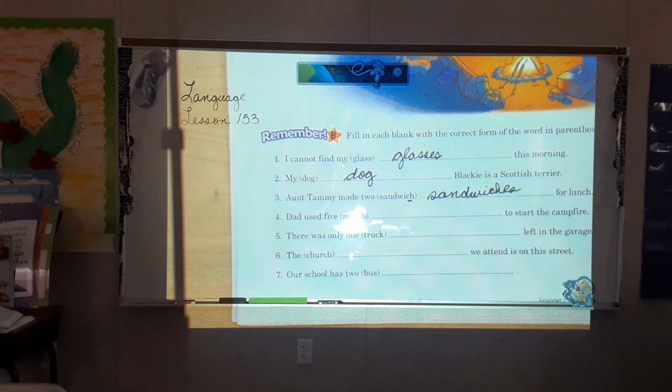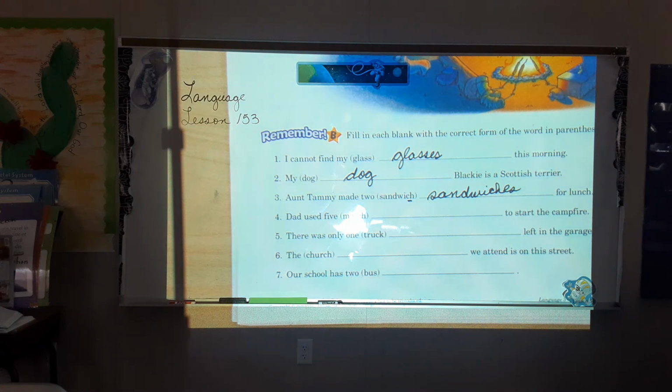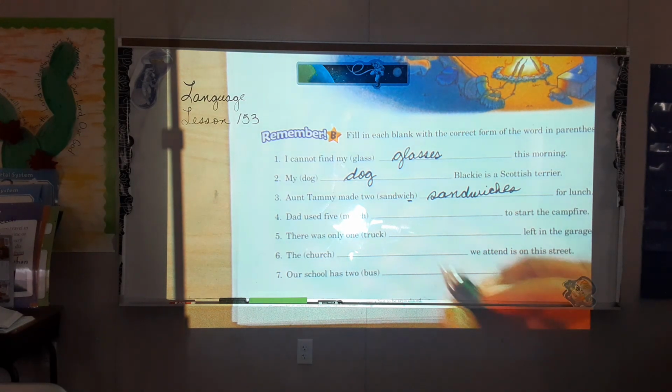Okay, next one, number 4, and the last one that I'm doing with you. David used 5 matches to start the fire. Again, my word ends in SH. I need to make it plural. I add ES.